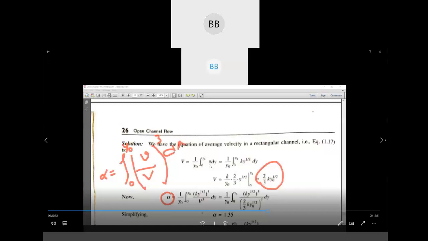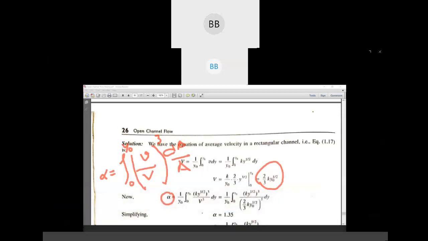dA by, so this is your general equation. So for small v, in place of small v, we need to substitute k root over y. That is given in the question. In capital V, we need to substitute this equation that we have derived.